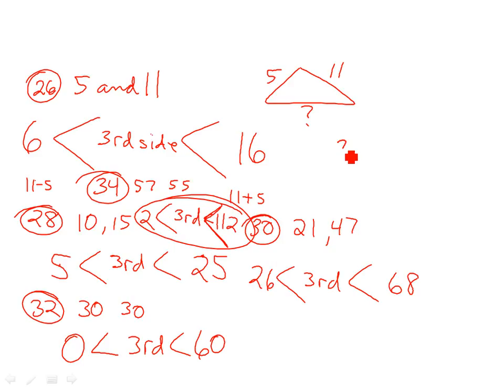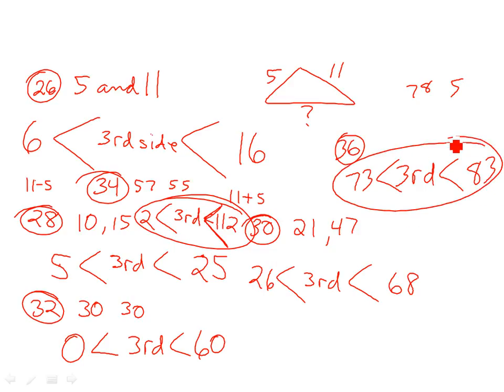And 36. Third side, 78 and 5. 73, you subtract them, and then 83, you add them. Small range there, right? How come small range? Because the spread you had between these two numbers was such a wide spread.